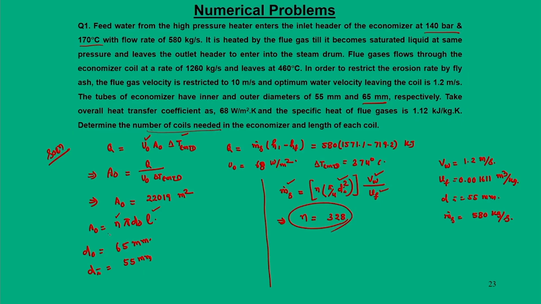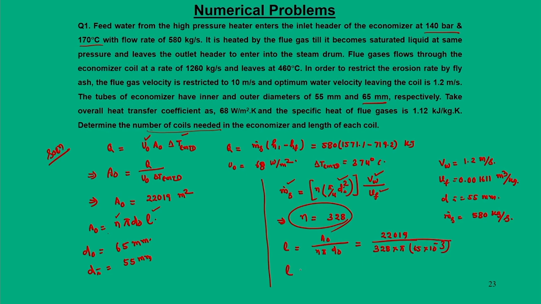Then from these equations L can be found out as A0 by n pi d0, that is 22019 by 328 into pi into d0, which is 65 into 10 to the power minus 3.